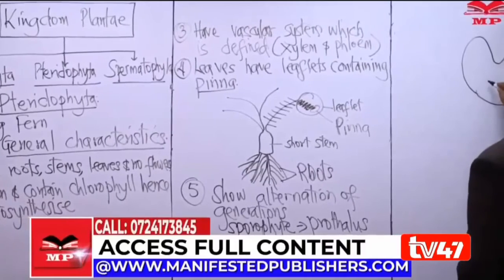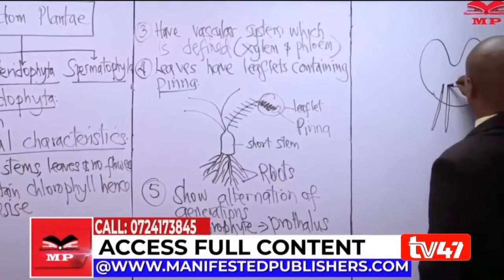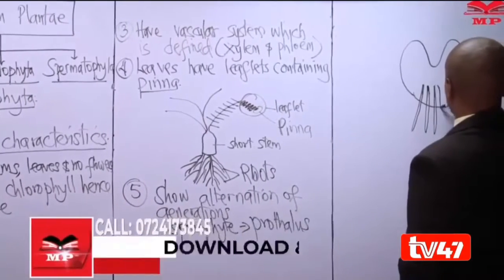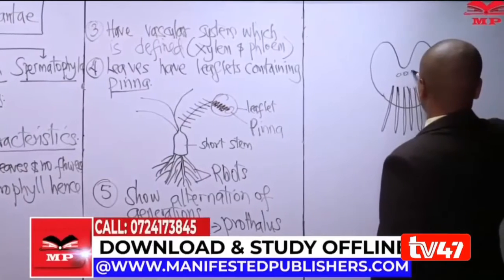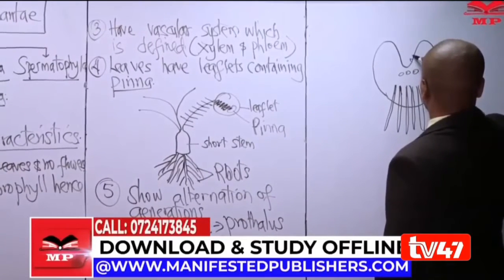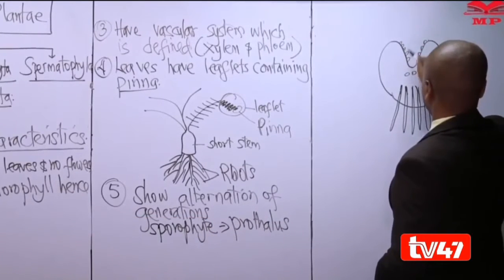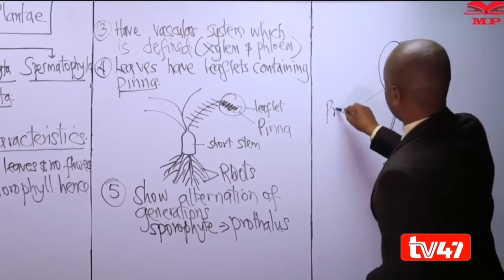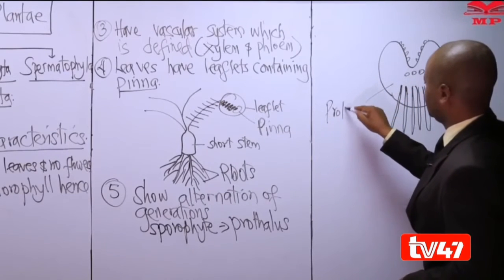Prothallus just like that, with the roots like that, and it has notches. So this is the prothallus. You can see it's not organized into special tissues.